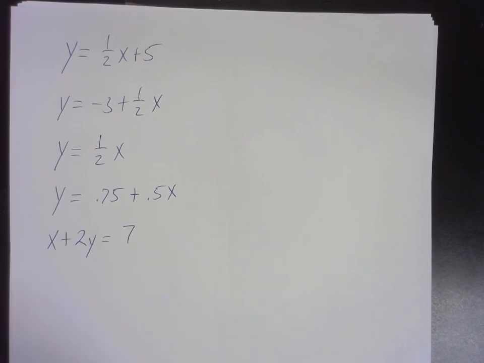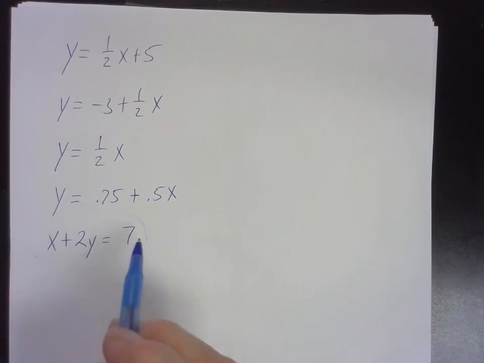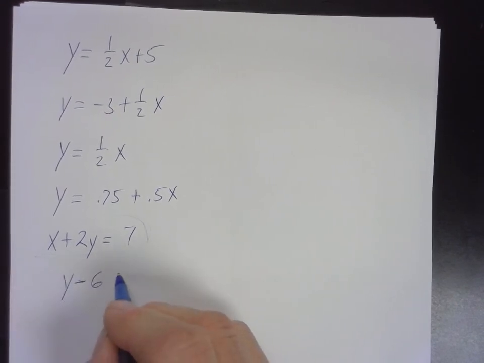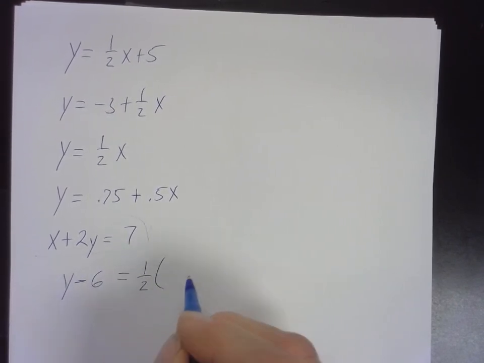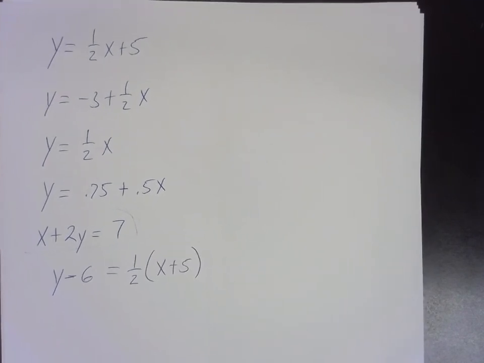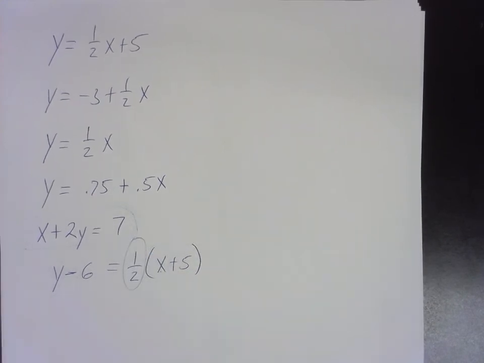Now this one's in standard form. It's not in slope-intercept form, is it? What about that one? What form is this one in? Point slope form. That's right. Okay. And there's our slope right there, isn't it?